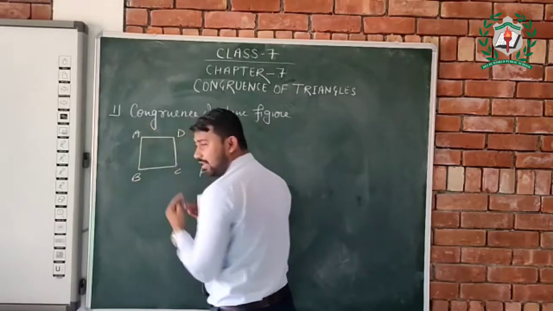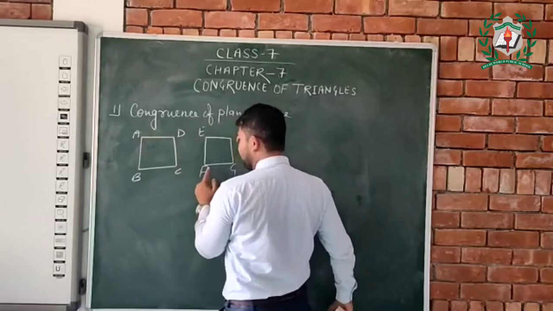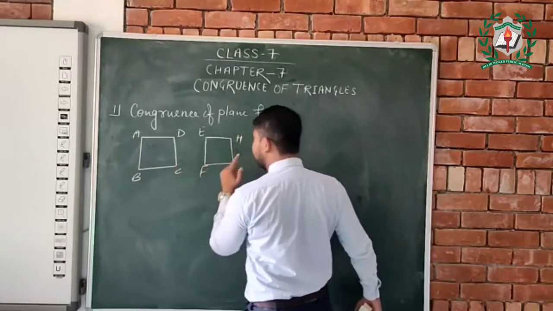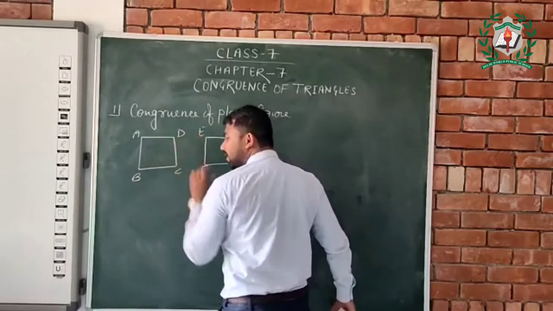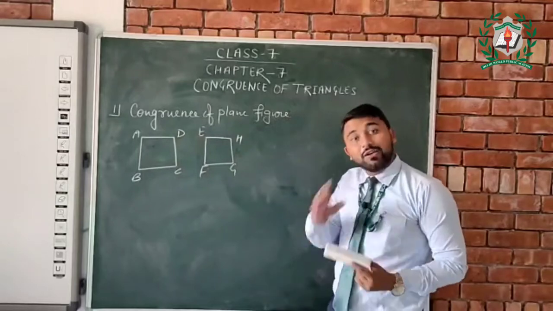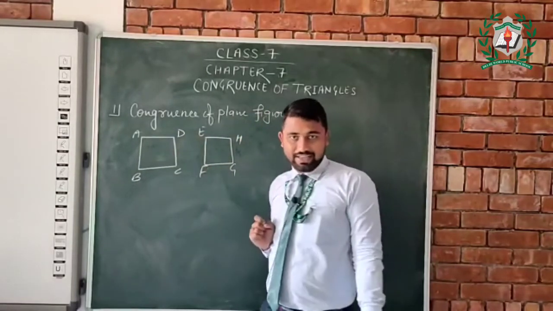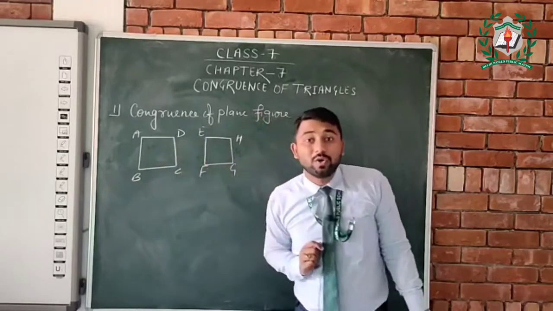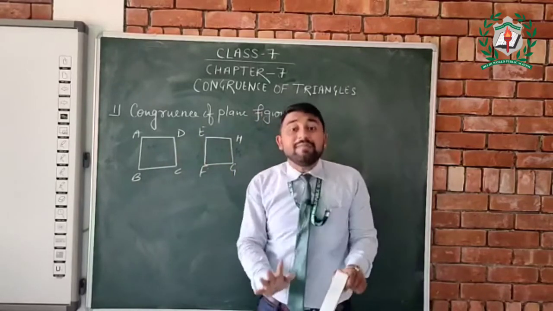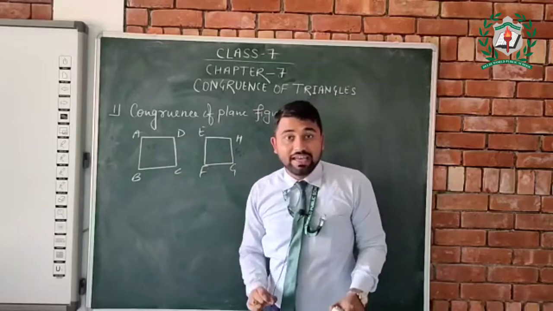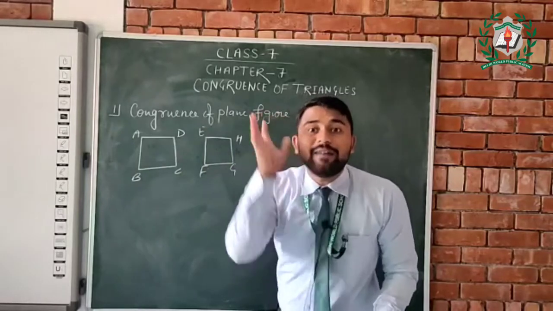If EA, FB, GC, HD are equal, then you can say these two diagrams are congruent to each other. So this is the method of superposition.